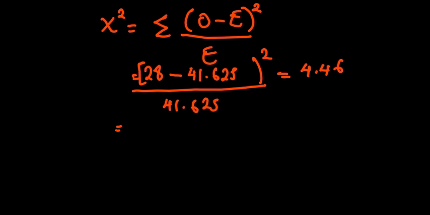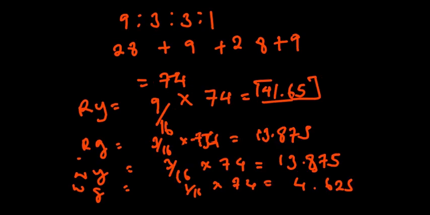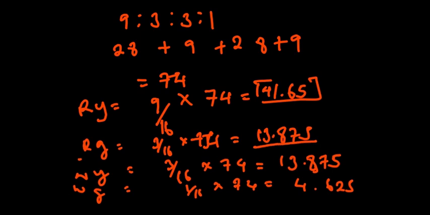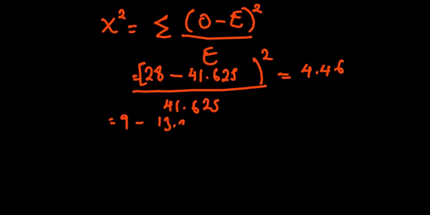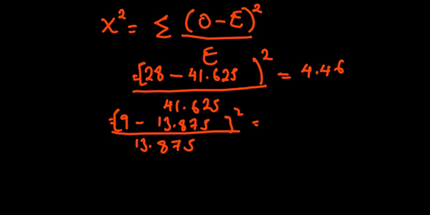We say 9 minus, let's go back to the previous page, 9 minus 13.875, squared, over 13.875. The total answer will give you 1.71.